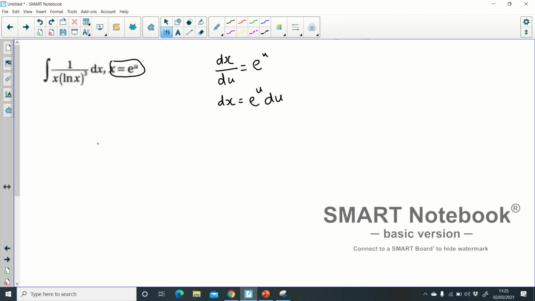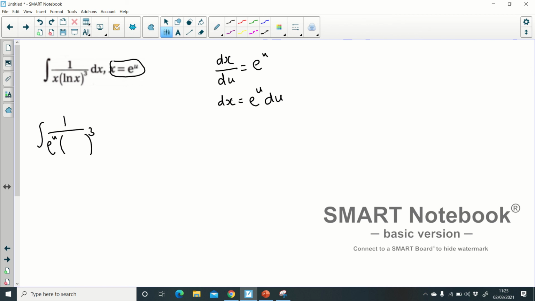There's no limits to worry about on this one, so let's just go straight into the substitution. Now, that is 1 over, and remember x is e to the u, so that can go in there. This bit that it's multiplying by, to the power of 3, I'm going to come back to in a moment.